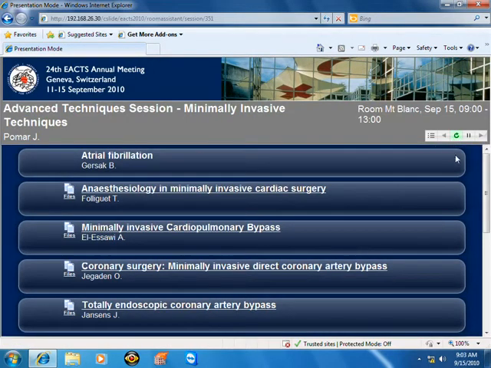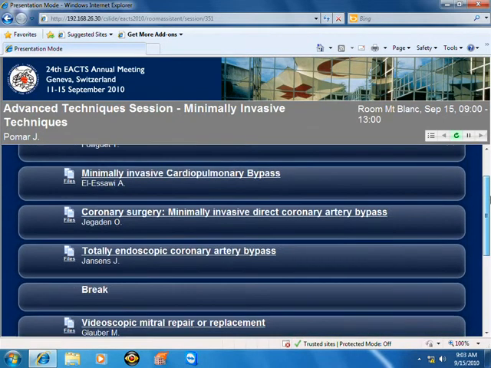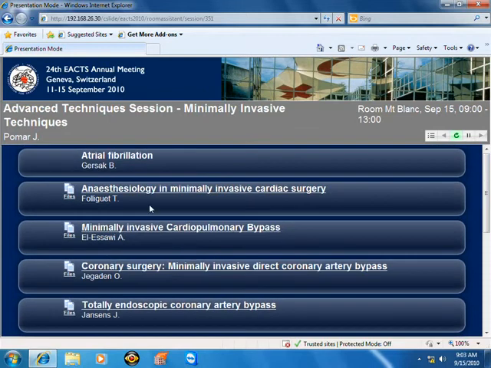But he gave me his talk, so I will do my best to explain the different problems that can arise with minimally invasive surgery. So I will start with this.